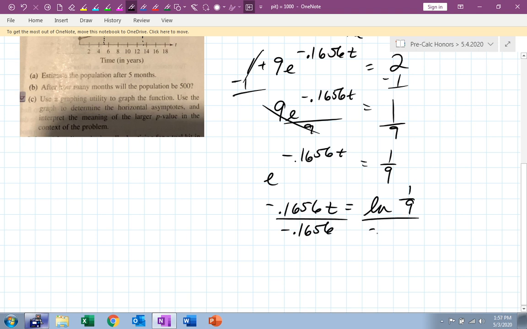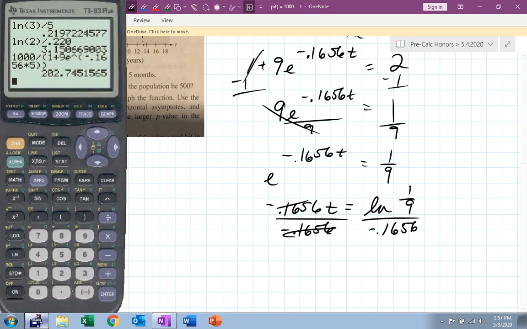But I still have to divide by negative 0.1656. So, ln of 1/9, plug that in, divided by negative 0.1656.